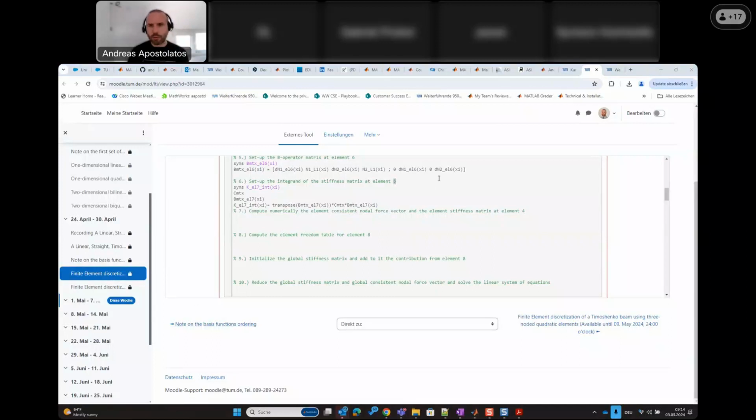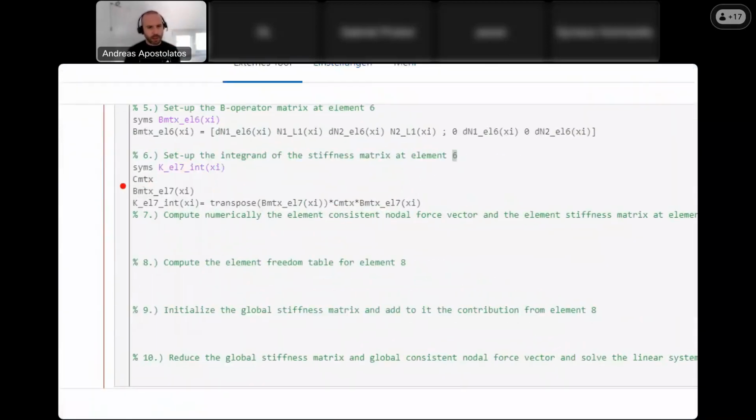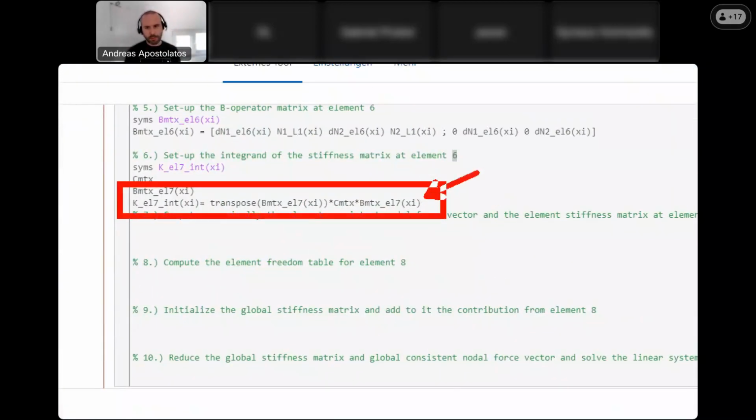I need to find where the chat is now. Here it is. Okay. So the question is again, why is the stiffness matrix a function of Xi? What is the reason?